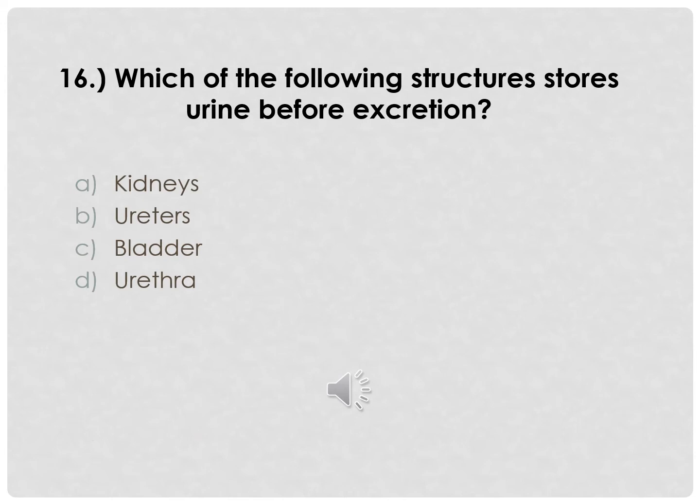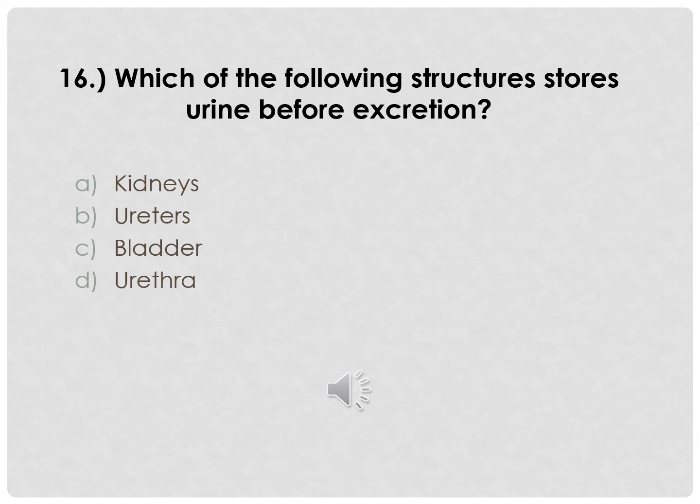Which of the following structures stores urine before excretion? This question requires that we know a little bit about urinary anatomy. Letter A, the kidneys, that's actually where urine is formed in the body. Letter B, the ureters, those are the tubes that lead from the kidneys into the urinary bladder.